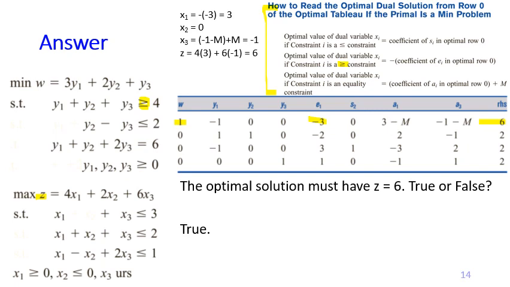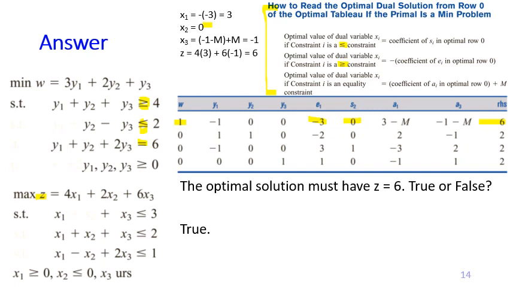The second dual variable comes from the second constraint, which is less than or equal to. And then here it says we just need to read the coefficient of the slack variable, which is 0, so x2 equals 0. And then the third constraint is equality.